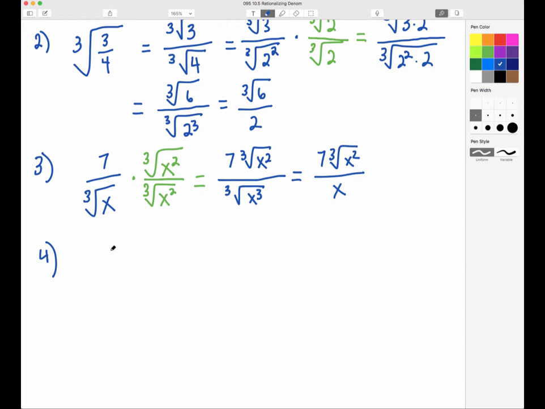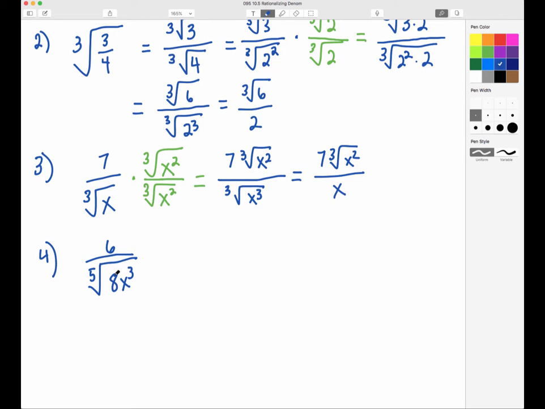All right, let's do one more with a higher order of index. So let's do 6 divided by the 5th root of 8x cubed. So in this problem, we have numbers as well as variables in this denominator.